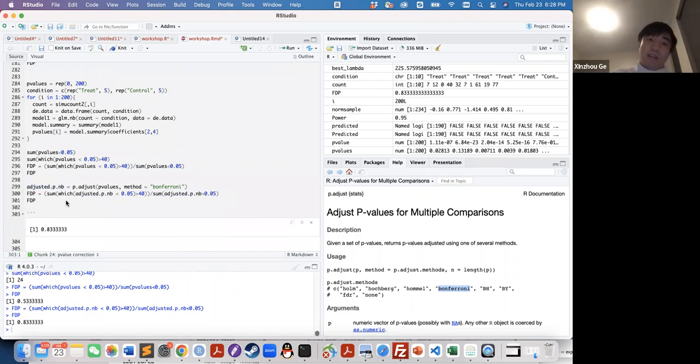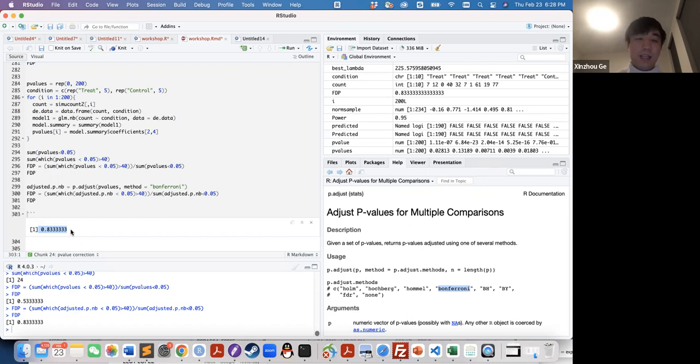the false discovery proportion is quite high. It is still very large. So it tells us that if we use the negative binomial regression model, which estimates the theta itself, the estimation accuracy of the theta may influence the results a lot.